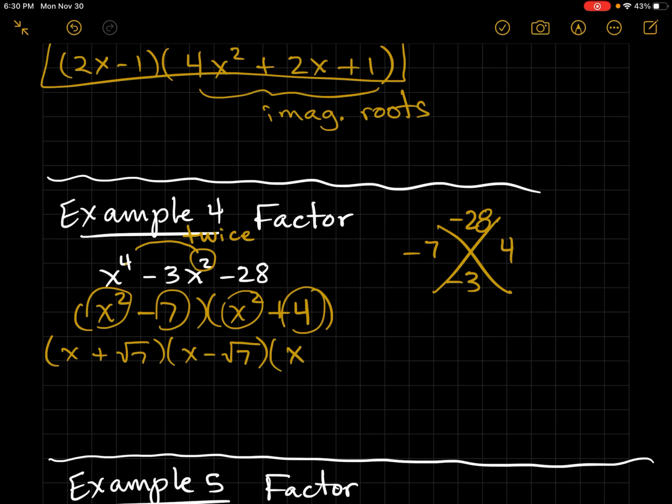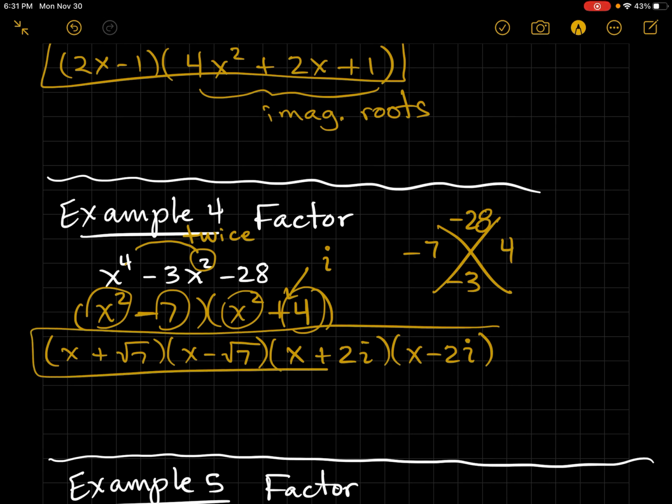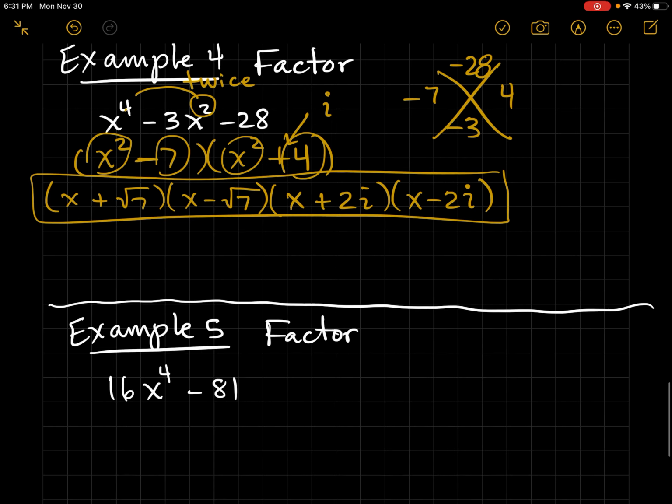And so the square root there is x plus 2i and x minus 2i. Remember, when we have the plus sign, we have to do the imaginary. When it's subtraction, you don't need the imaginary. And notice I have all my x's down to the first power, and boom, I have factored that completely.